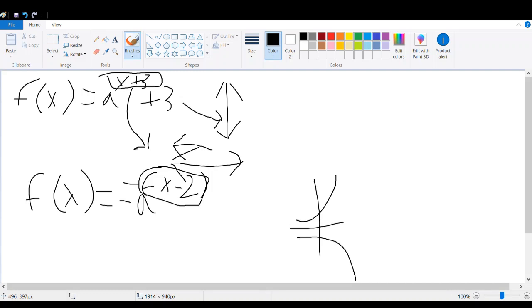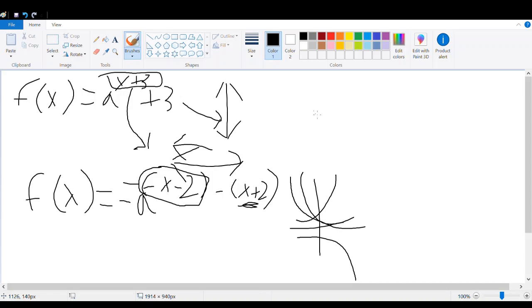So this is really negative x plus 2, which means a reflection over the x-axis, which will look like this. But then also it'll move to the negative side too, because remember in the parentheses it's always opposite of what you think. So it really looks something like this. And this is all just transformations. This is an earlier lesson. I'm just reviewing them right now.